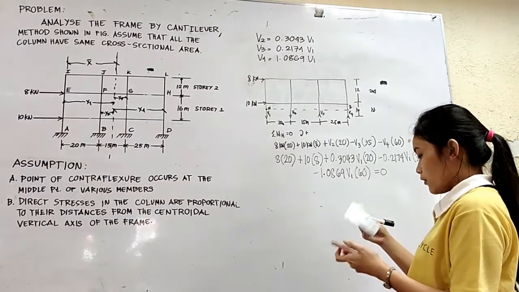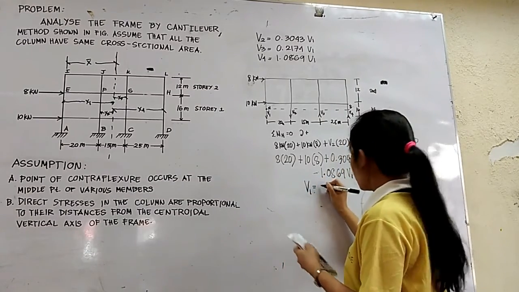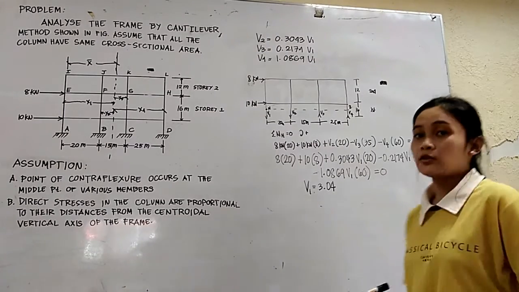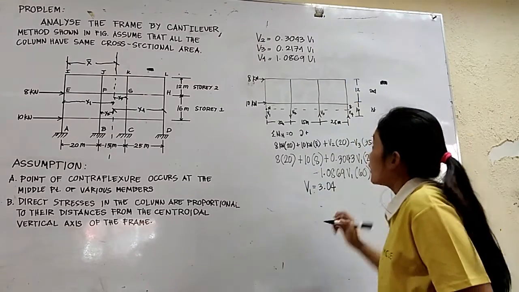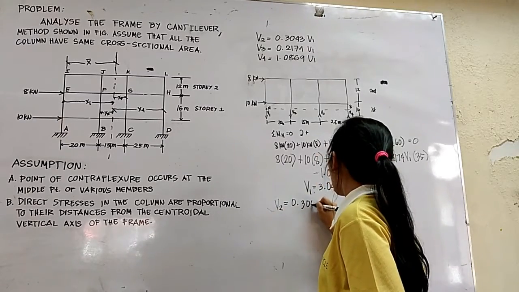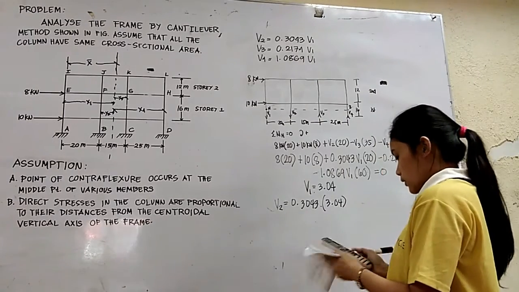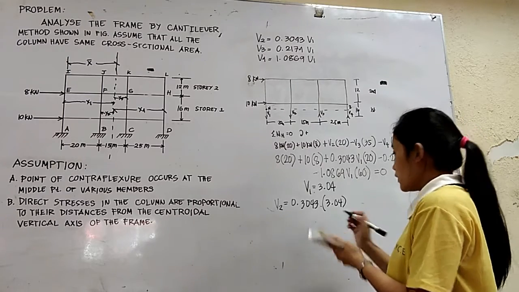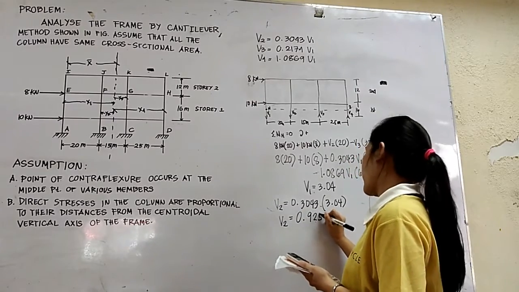The answer for V1 is equal to 3.04. So, to find the exact values of V2, V3, and V4, we simply substitute the value of V1. V2 is equal to 0.3043 times 3.04, so V2 is equal to 0.925.